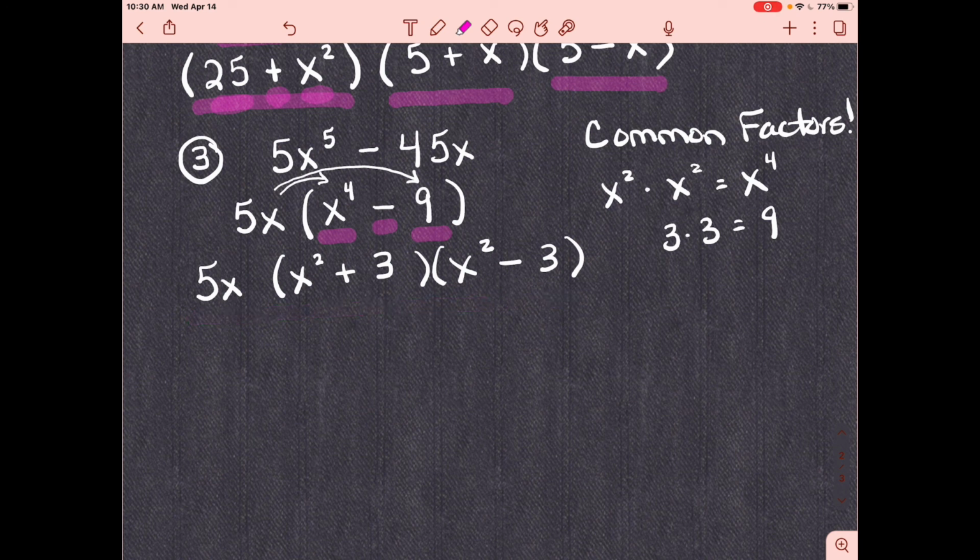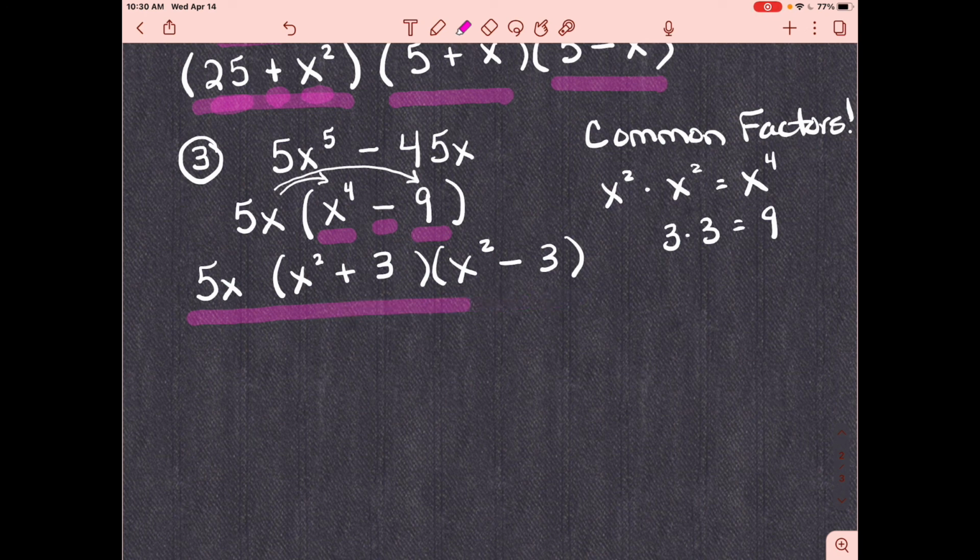Let's finish this keeping the 2. I have this common factor 6a plus 1 that I can factor out. And after I factor out the 6a plus 1, what's left behind, so think of that as what goes on the outside of parentheses, is a squared minus 16. Okay, recognizing perfect squares, a squared is a times a, and 16 is 4 times 4.